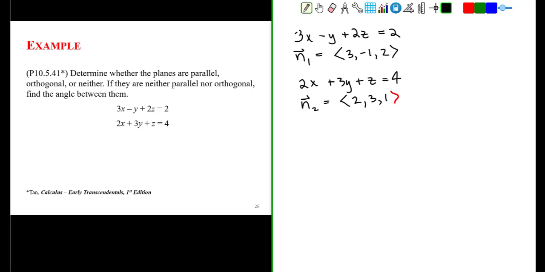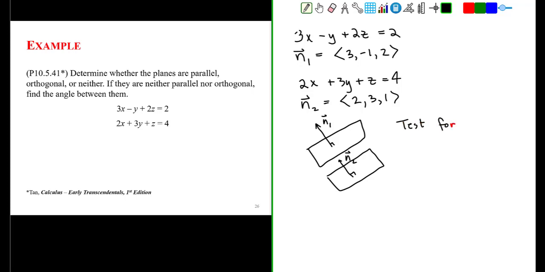So our goal is to see whether or not they're parallel first, because I know how to do that test pretty easily by taking the cross product between the two normal vectors. So we will say test for parallel normal vectors.